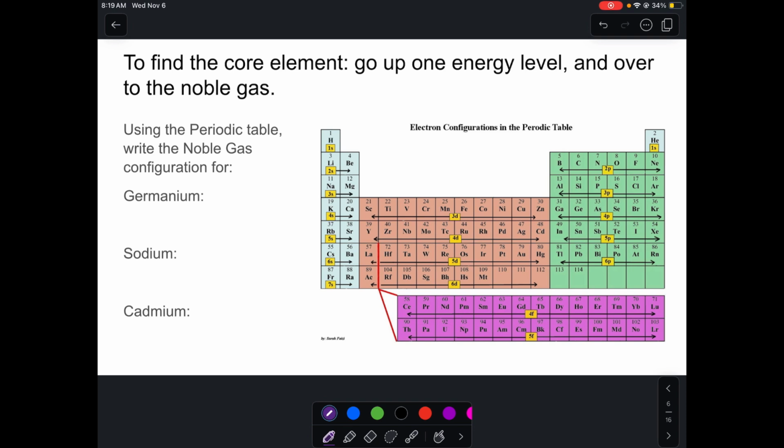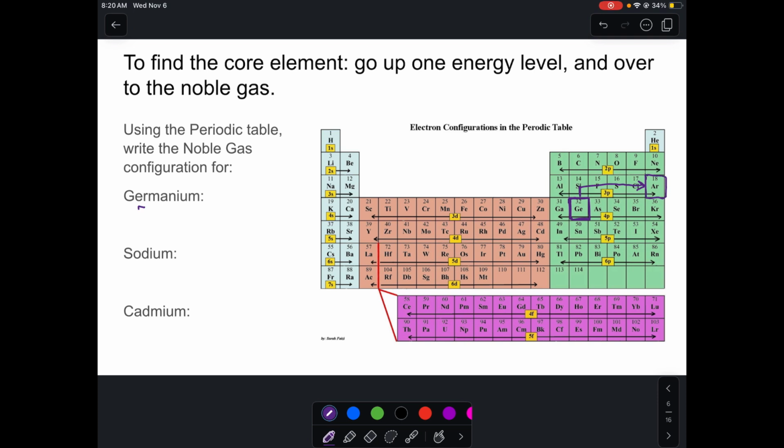Okay, so let's identify germanium. It's right here. To write the noble gas configuration, we have to go up and over and locate the most previous noble gas.